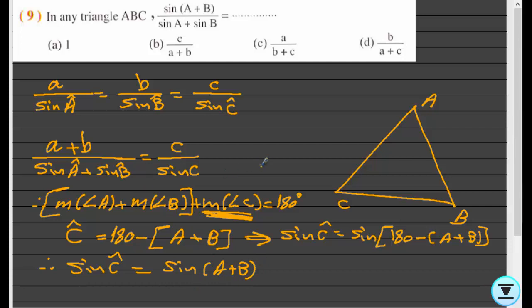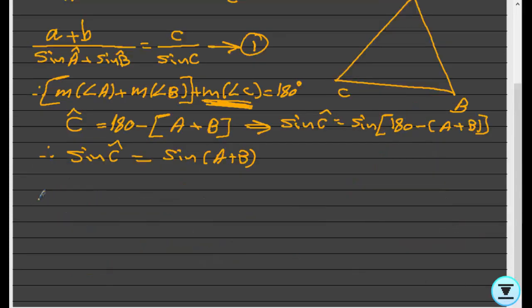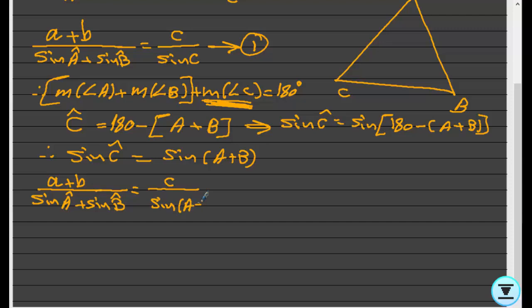So substitute in this relation, substitute in 1. We can write a plus b over sine A plus sine B equals c, small c, it is the side, over sine (A plus B). Instead of sine C, I write sine (A plus B).